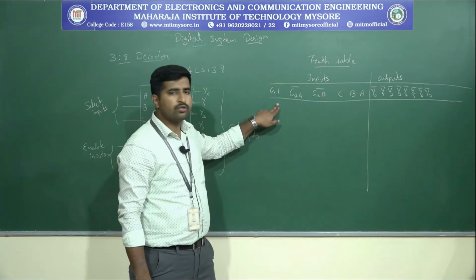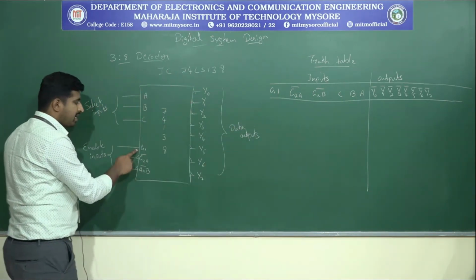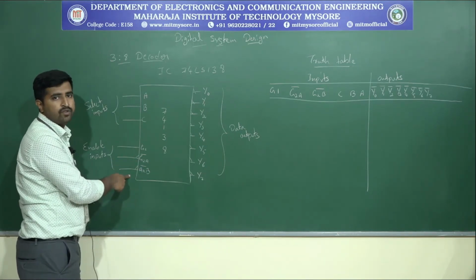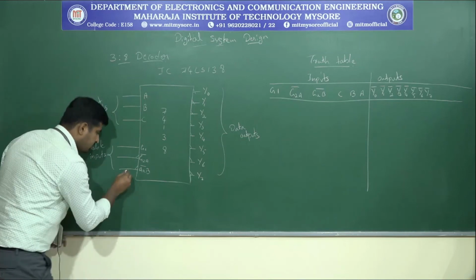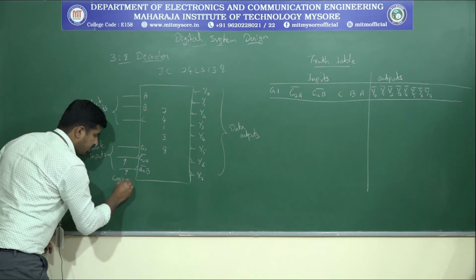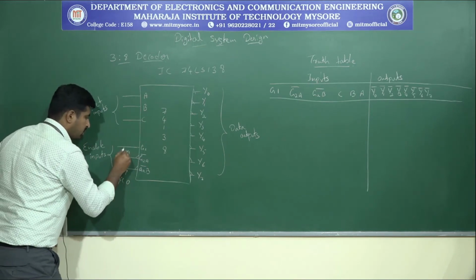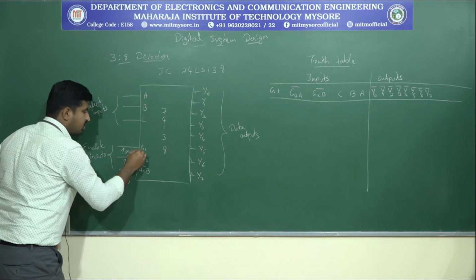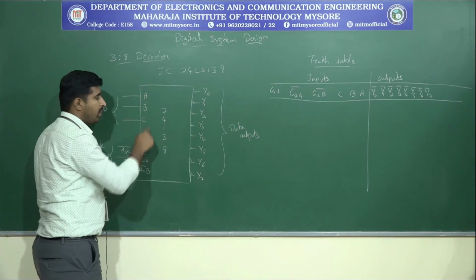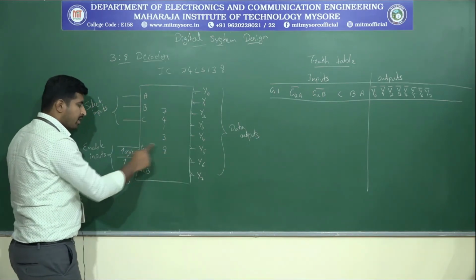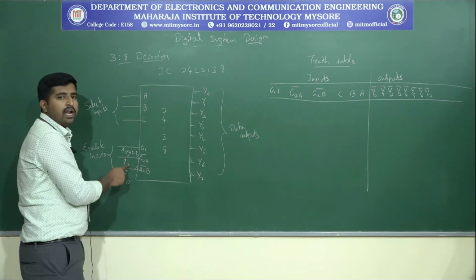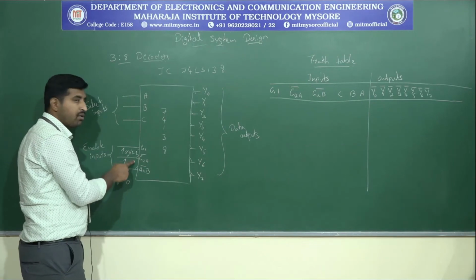Okay, when it comes to the enable pins, G1 is an active high pin and G2A and G2B are active low pins. So when you give a logic 0 to these 2 pins, and a logic 1 to the G1 pin, because it's an active high pin, then only the decoder will be activated. So we need to give a logic 1 to G1 and a logic 0 to G2A and G2B, because these 2 are active low pins.